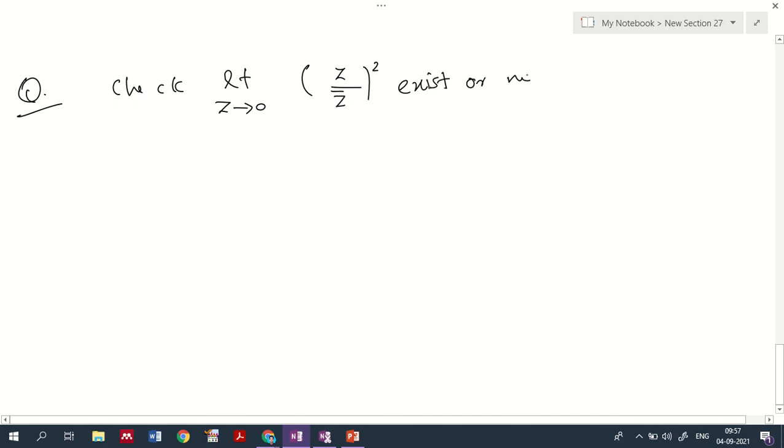So we'll have the next question. Check whether the limit z tends to 0 of (z by z bar) whole square exists or not.